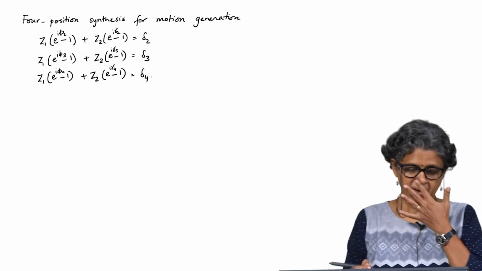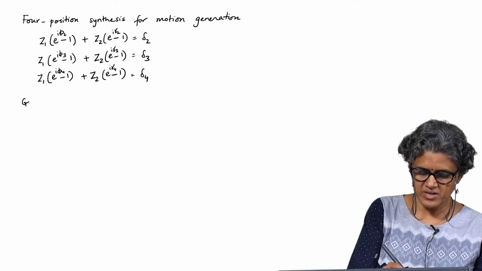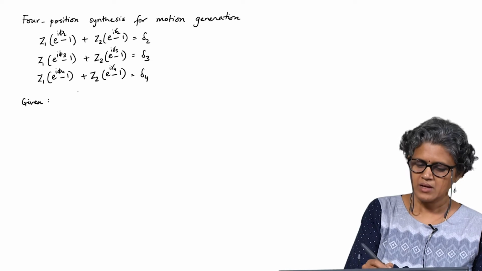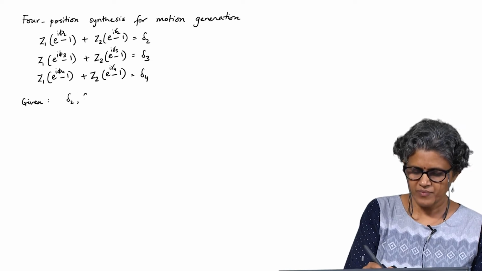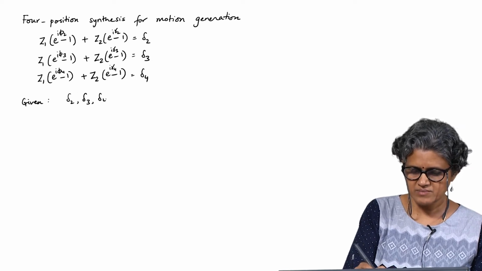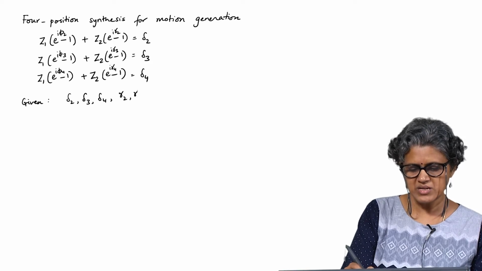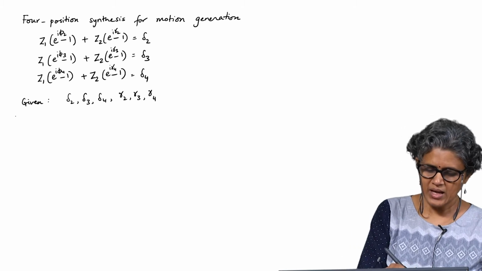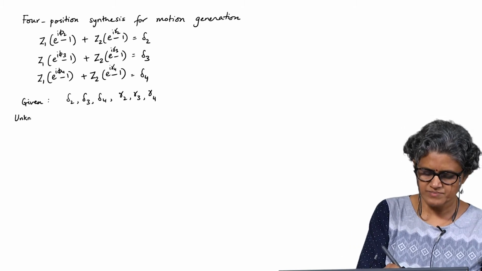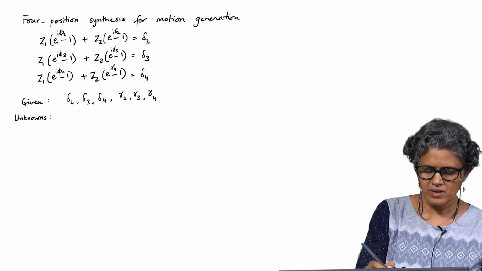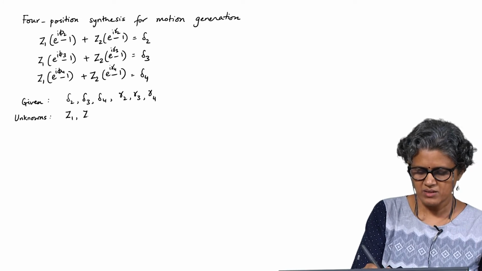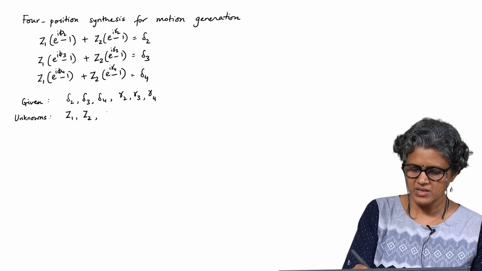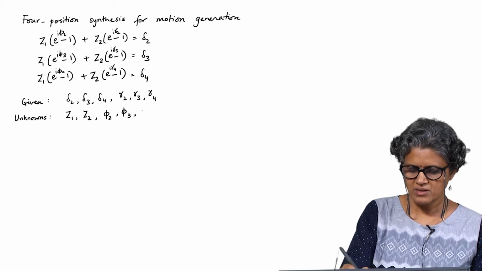What is given are the deltas and the gammas, because this is a motion generation problem, and your unknowns are Z1, Z2, then phi 2, phi 3, phi 4.